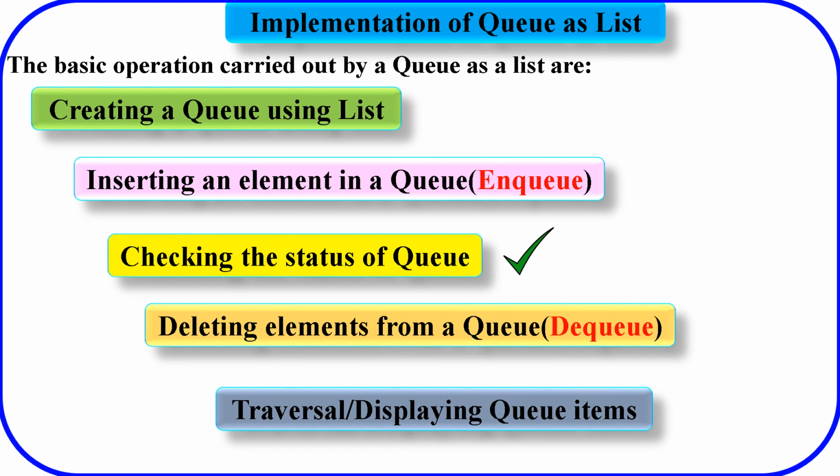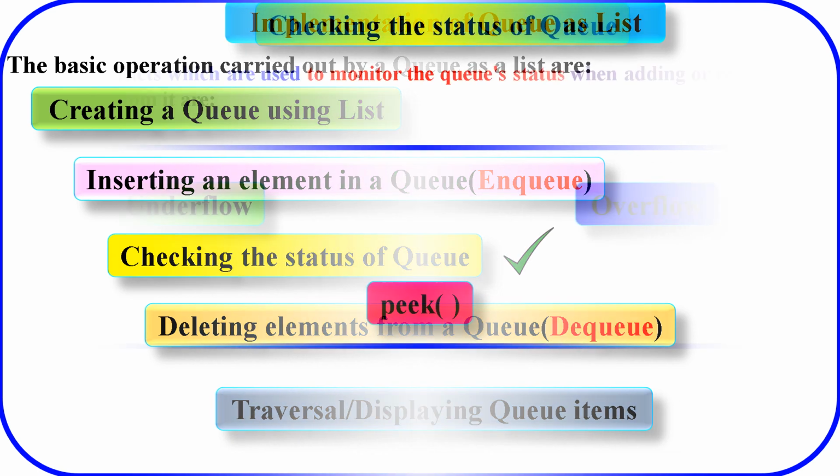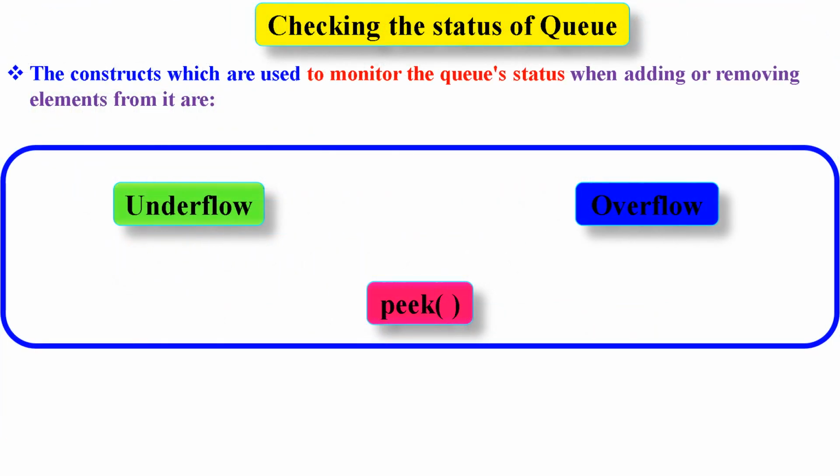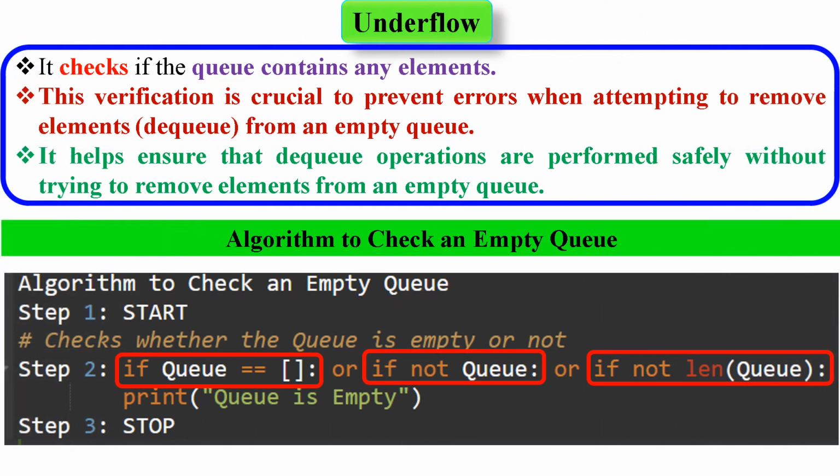Now, we're going to discuss checking the status of a queue. We are going to learn how to check the status of a queue. The constructs which are used to monitor the queue's status when adding or removing elements from it are underflow, peek function, and overflow. Underflow.